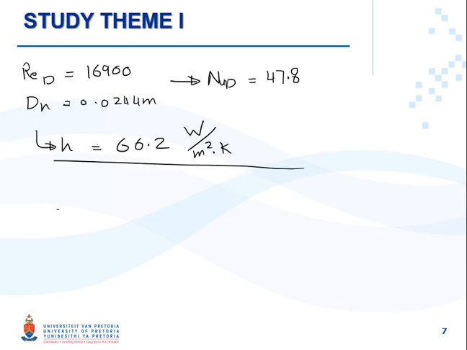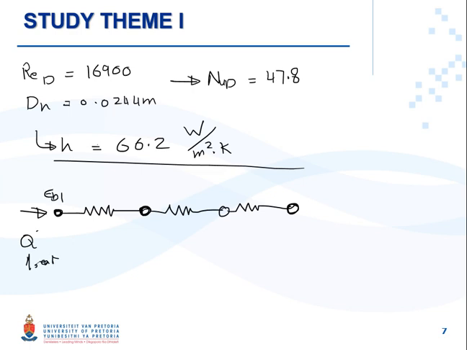Okay, let's go back to our electrical engineering and the concept of thermal resistances. From here, we have Q1 ext, Eb1, E2, Eb2. Here is Q2 ext, which we said is equal to 0.